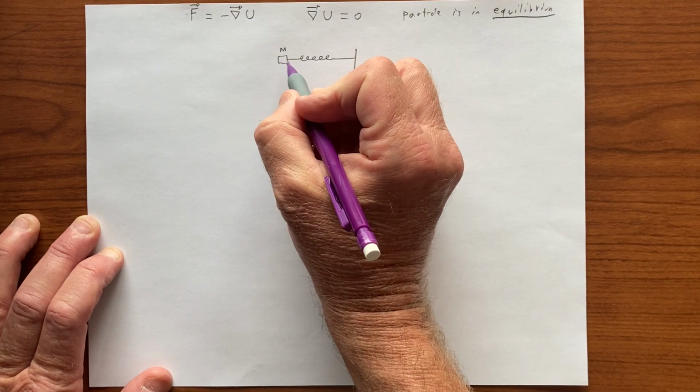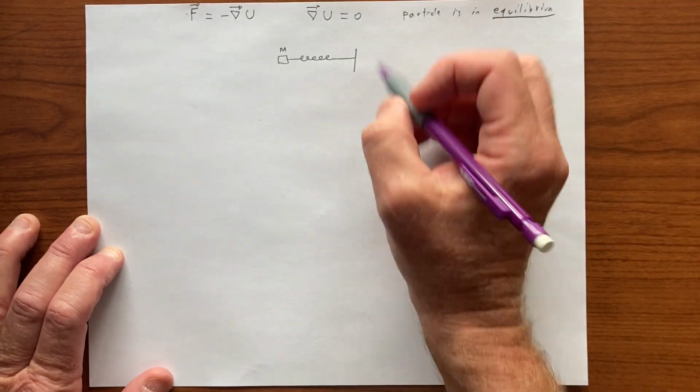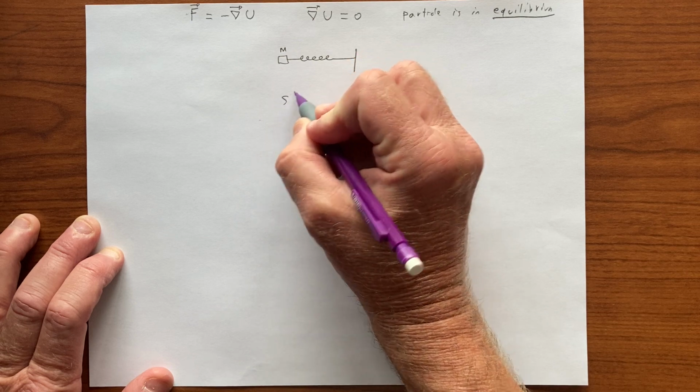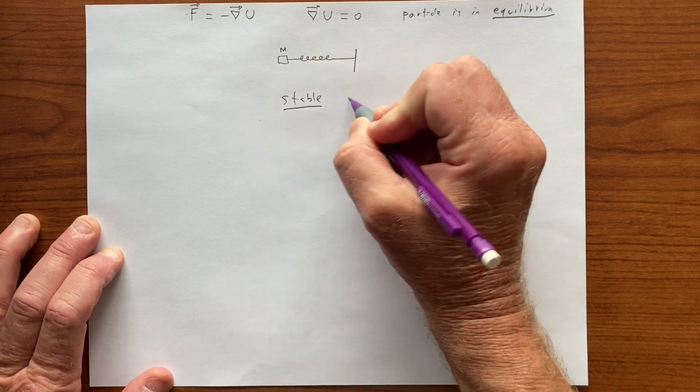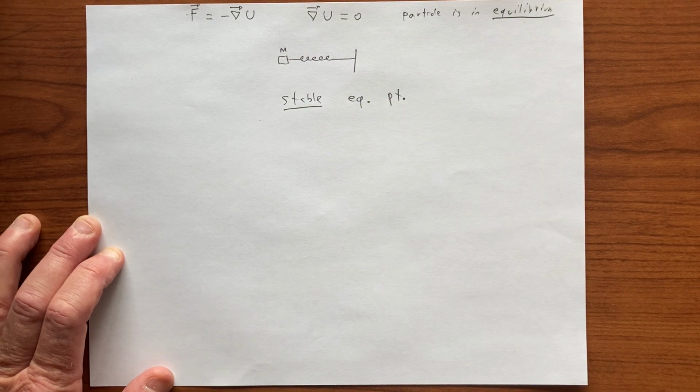It tends to come back to that point. We say that the point where the force is 0 is stable. So we say it's a stable equilibrium point.